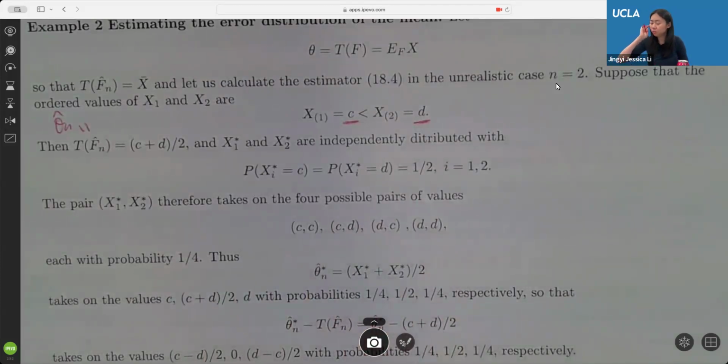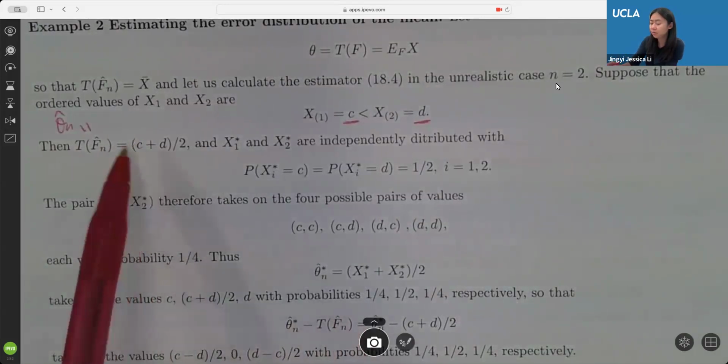Therefore, if you take the difference between the estimator value and the population version value, using F n hat as the population, this is what we get. Theta n star changes while T(F n hat) is fixed at (C plus D) over 2.